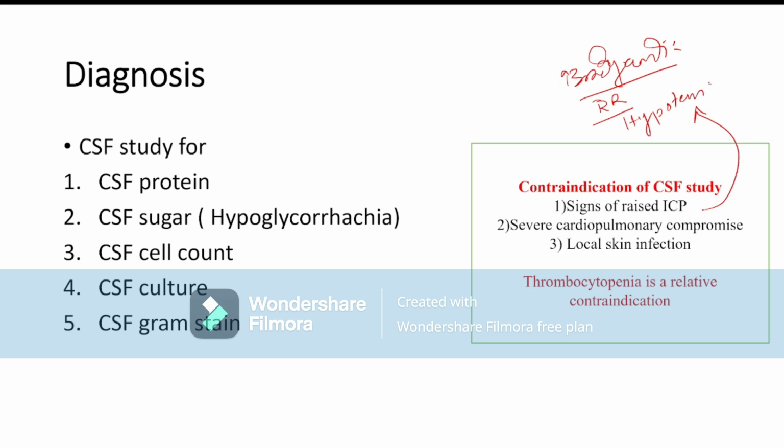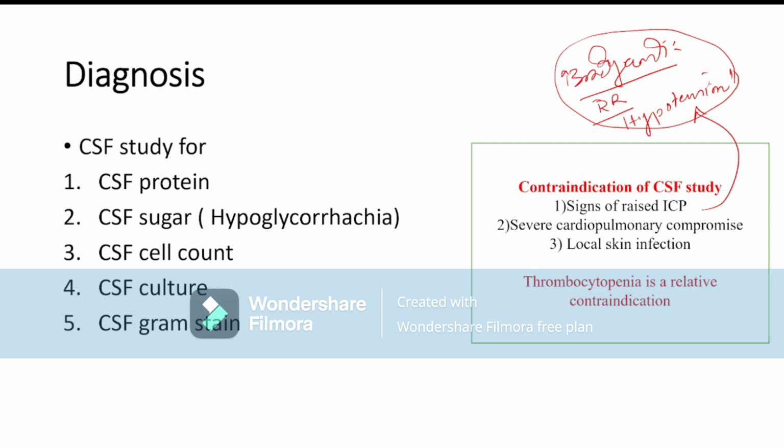So this is the Cushing triad. If the Cushing triad is present, then we always think the child is suffering from raised intracranial pressure, so we do not do the CSF study. Why? Because if we do a CSF study, there may be a chance of brain herniation. That's why this is a contraindication of CSF study.